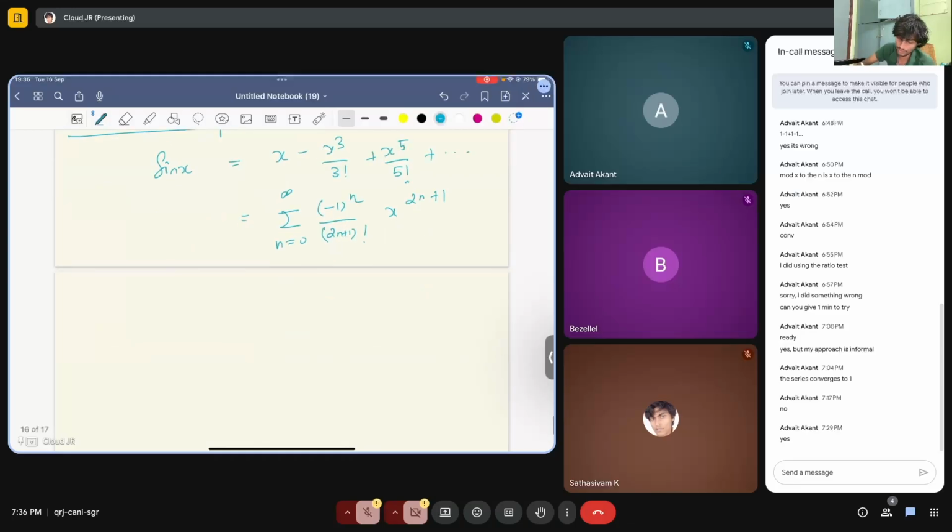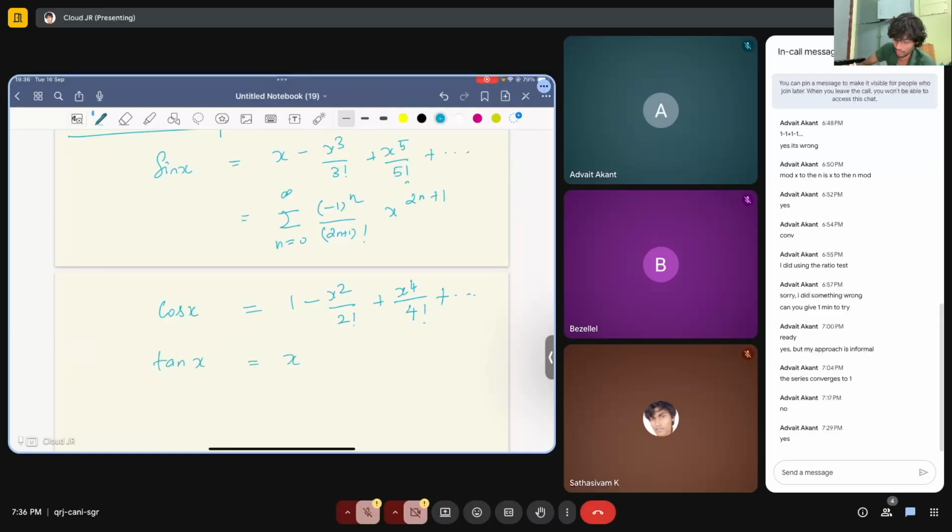Okay. And similarly, you can give it for cos x. It's nothing but 1 minus x squared by 2 factorial plus x power 4 by 4 factorial plus etc. And you can do it for tan x.